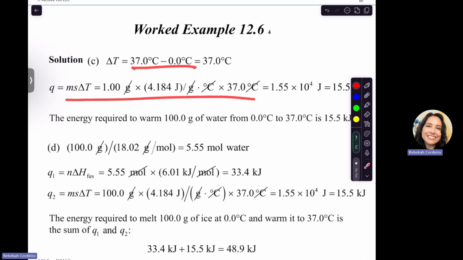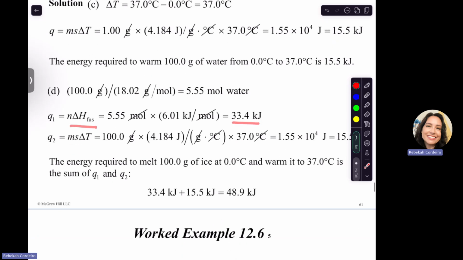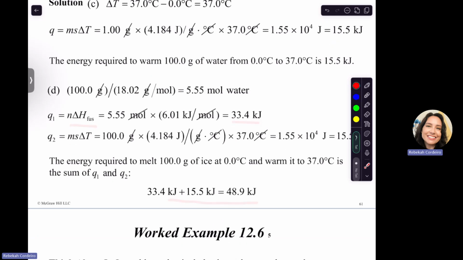So we'll use Q equals mc delta T. We're just tallying these up. So we're warming the water, so it'll be positive. And then we want to use heat of fusion because we're going from solid to liquid. And then we're going to add them up. So don't think too much about it. Break it into little tiny pieces, and that can be helpful. Again, we'll do some practice in class.